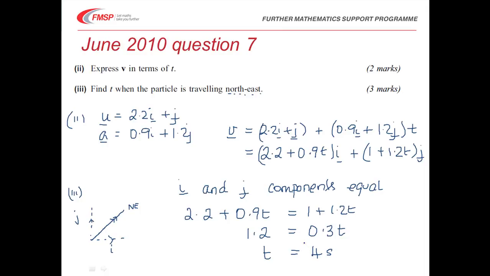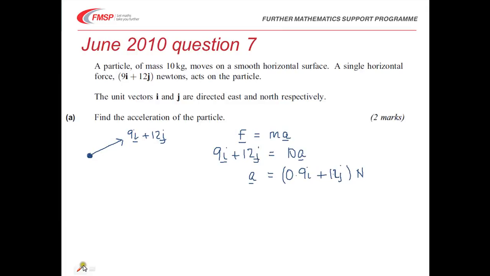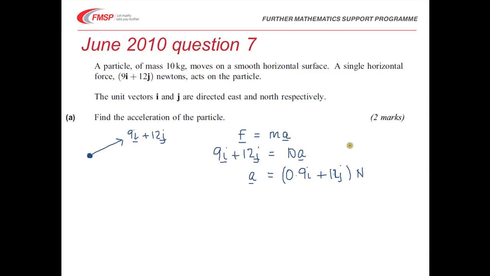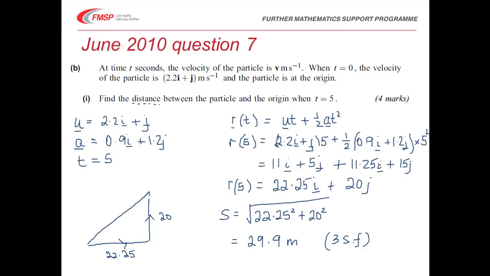And we've finished. So let's just go back and look at how marks were awarded for this particular question. Just 2 marks for the first question: a method mark for using Newton's second law, and an accuracy mark for using it correctly. When you come to part B, the first part, to find the distance between the particle, you're getting a method mark and an accuracy mark for getting your position vector.